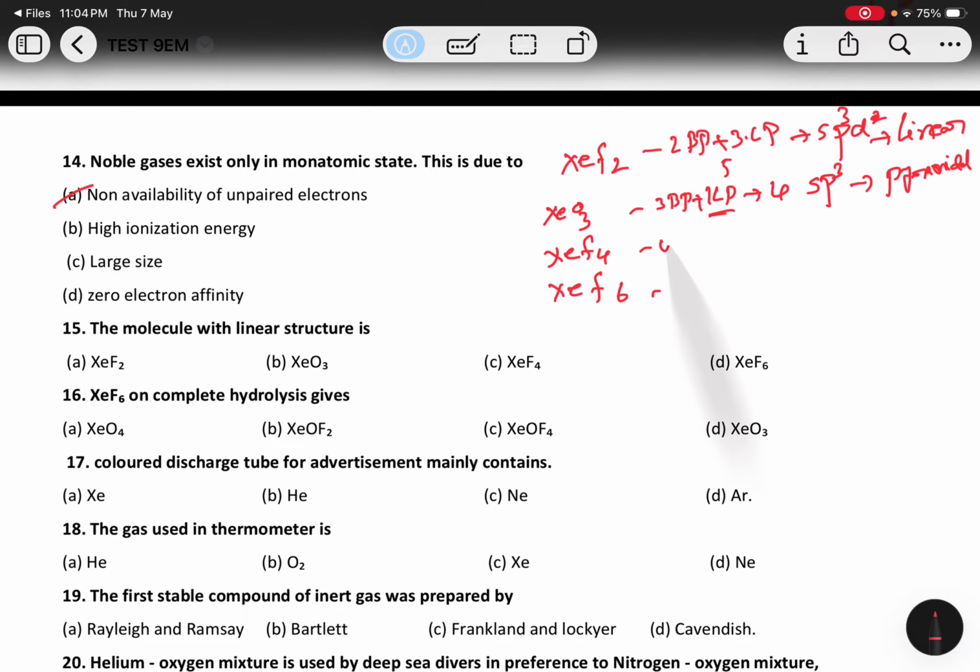XeF4: 4 bond pairs plus 2 lone pairs, total 6, so hybridization is sp3d2. sp3d2 with 2 lone pairs means the structure is square planar.